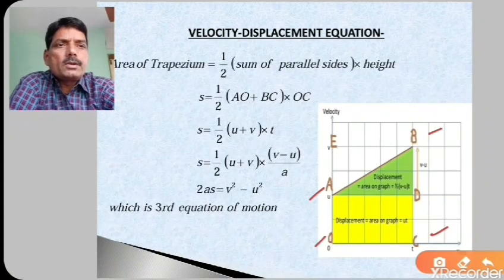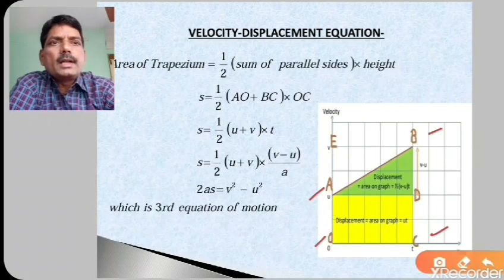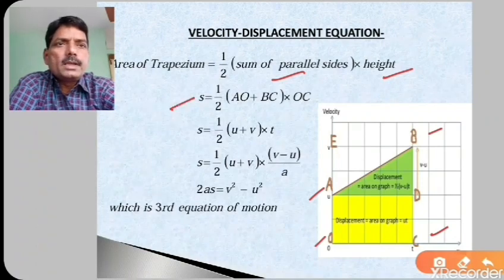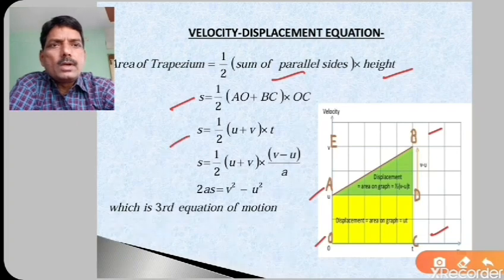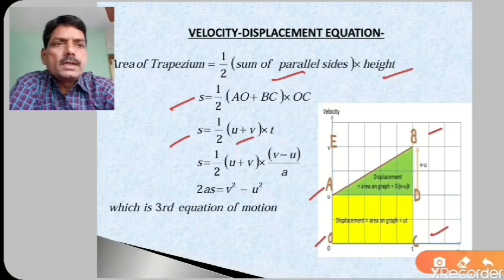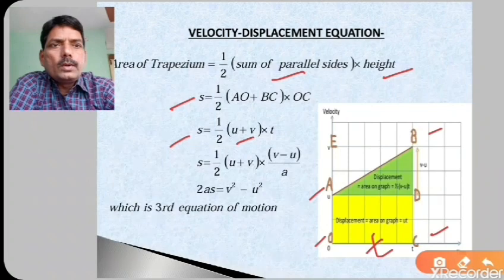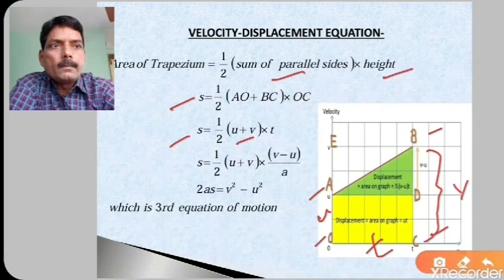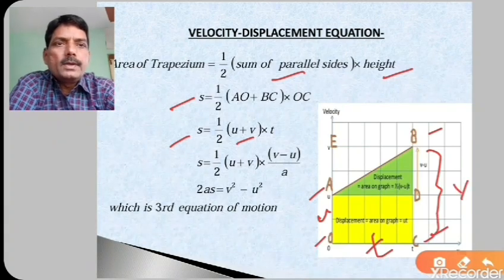So for the area of the trapezium I will directly use the formula, 1/2 of the sum of the parallel sides into height. By putting the values, S is equal to 1/2 into AO plus BC into OC. Here AO is nothing but your U, and BC, this total distance, is nothing but your V. So I have U plus V, and OC is nothing but time T.